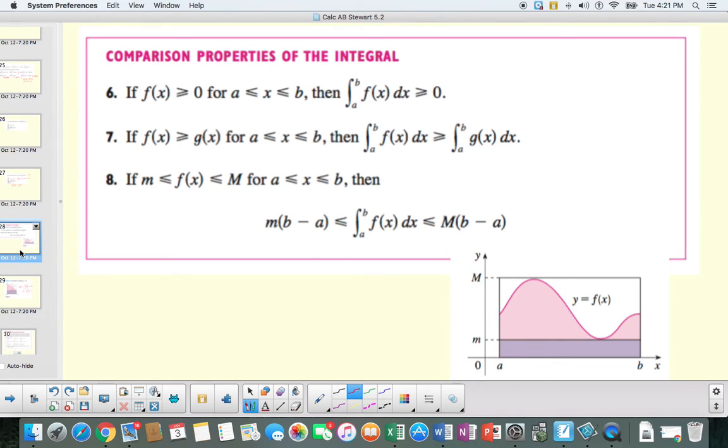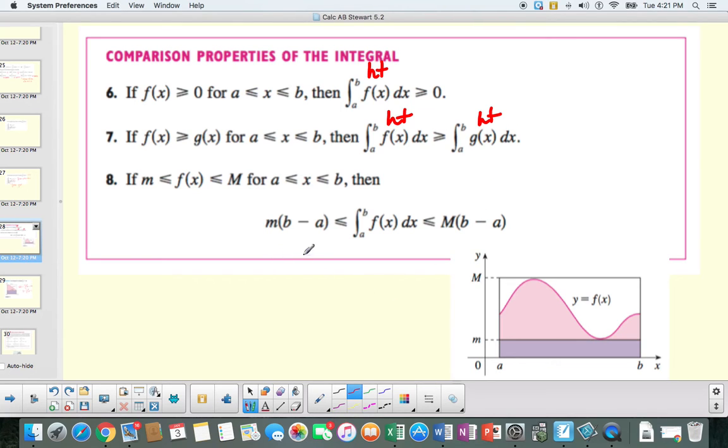Let's take a look at comparison properties. And this says that if f of x is greater than 0, in other words, this height is always greater than 0, then the answer will be greater than 0. If f of x is greater than g of x, so this height is bigger than this height, then the area accumulated here will be greater than this area over here.